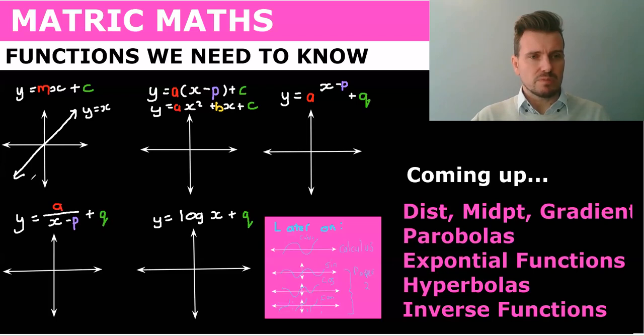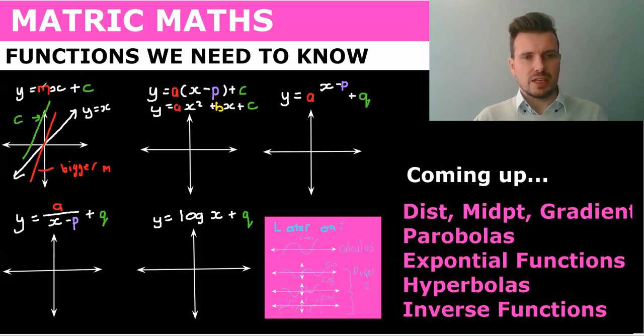So a steeper slope, if you had it here, this would be a bigger m, okay, a bigger slope. And your c is your y-intercept. So if you had the same function, but it was going like this, then this would be your c. Okay, so y-intercept and gradient.